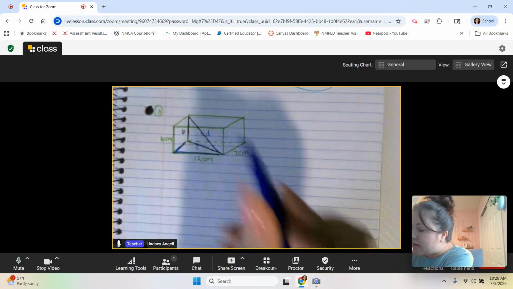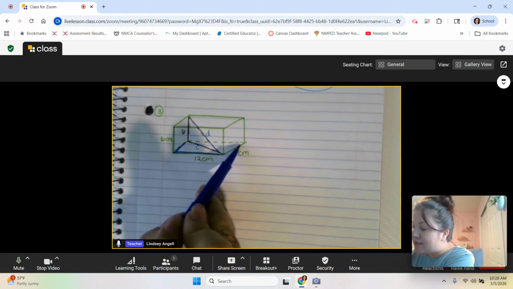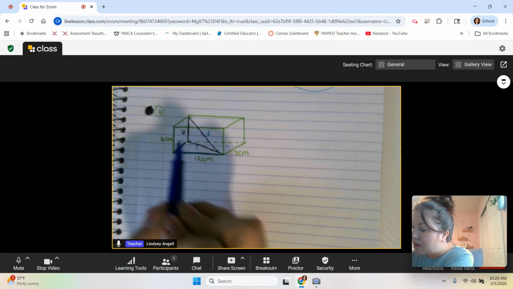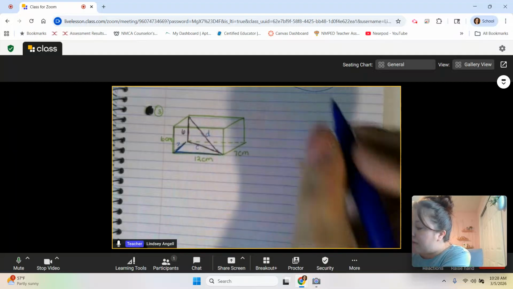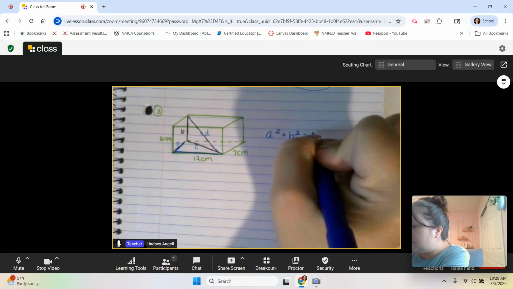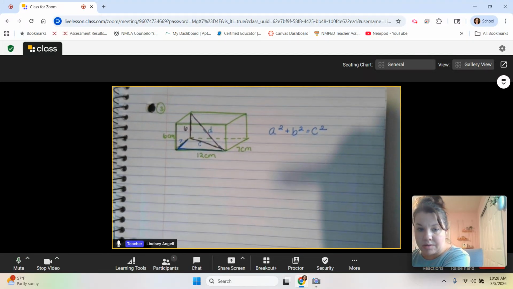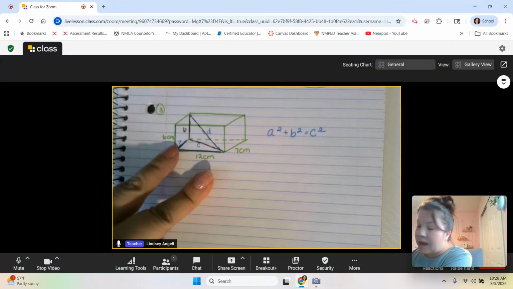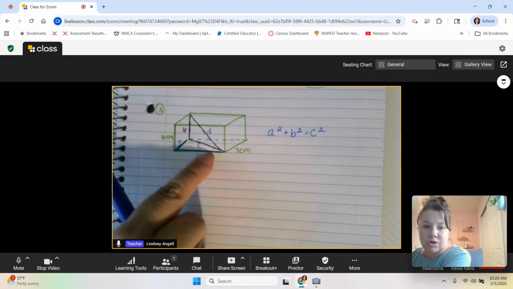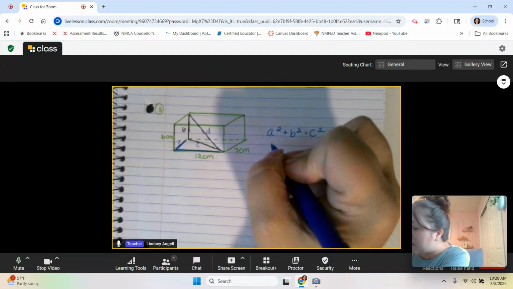So if this length over here is 7, that also means this length is 7, and then I know that this length is 12. So with the Pythagorean theorem, I would plug in the legs for this first triangle, the one that's laying on the bottom of the box.